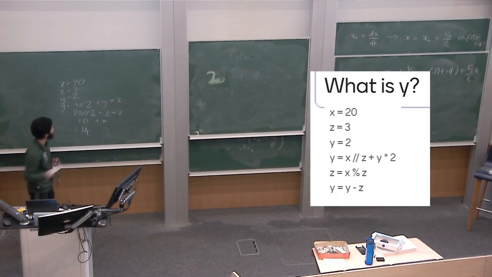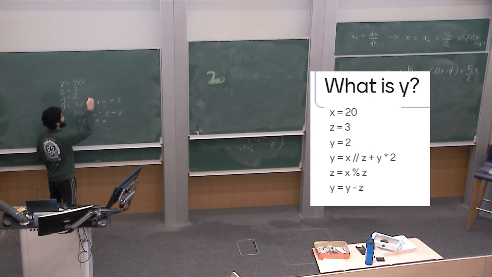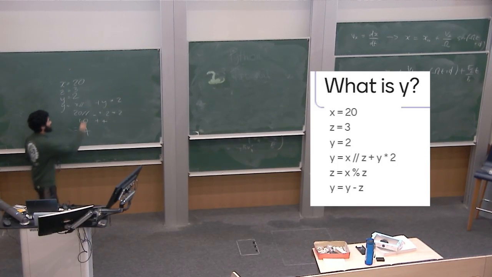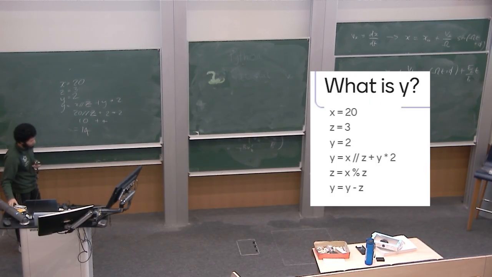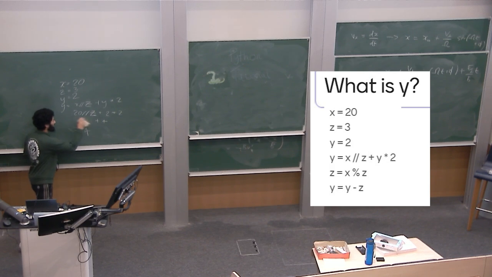I thought it said 2. Okay, x floor division z, not 2. So then it's 20 floor division 3. That's just going to be 6, because the closest number that 3 goes into 20 is 18. And then instead of 14, that is 10.